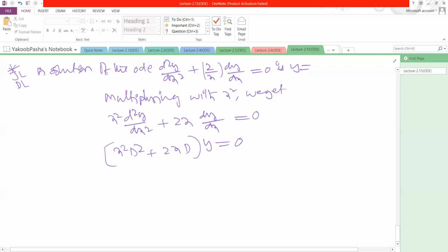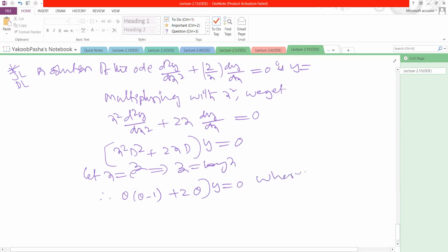Clearly, it is a Cauchy-Euler equation. Then we have to take x equal to e power z, then z is equal to log x. Substituting here, x square d square is theta into theta minus 1 plus 2 into x into d is theta, into y is equal to 0, where theta is the differentiation with respect to z.